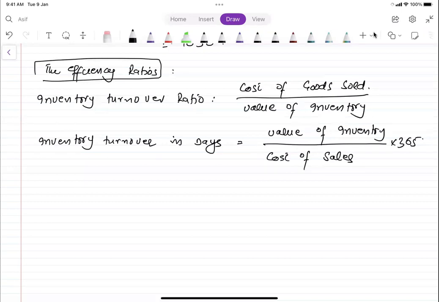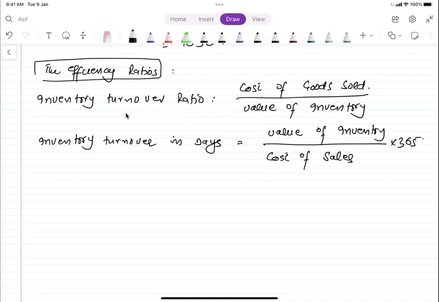Then we calculate it in days too. For the calculation of days, we simply flip the formula. We use the other side of the formula: value of inventory divided by cost of sales times 365.